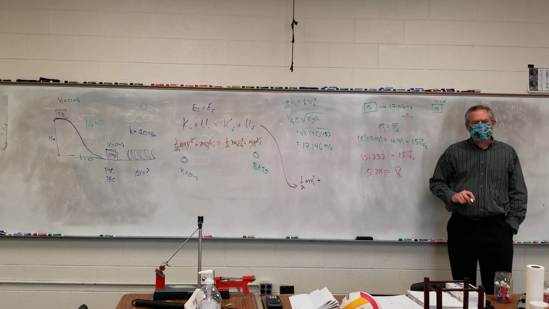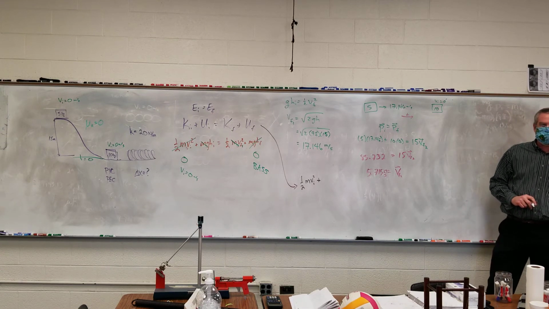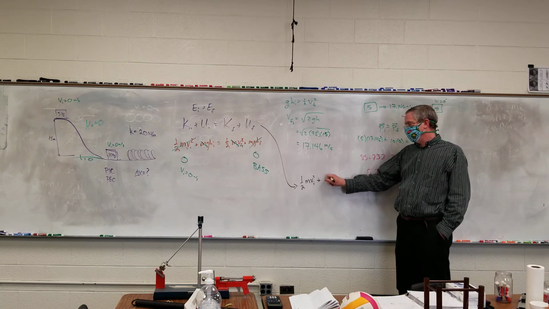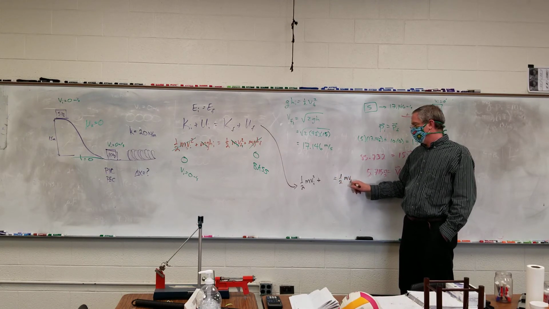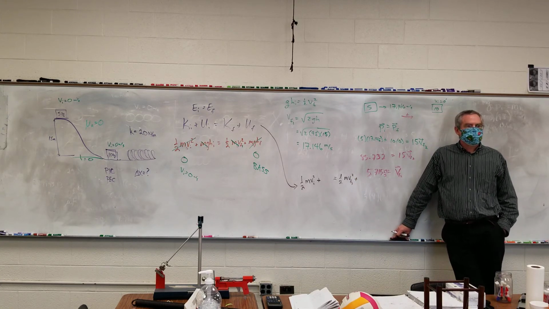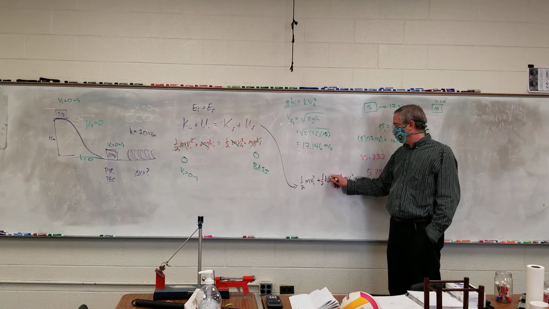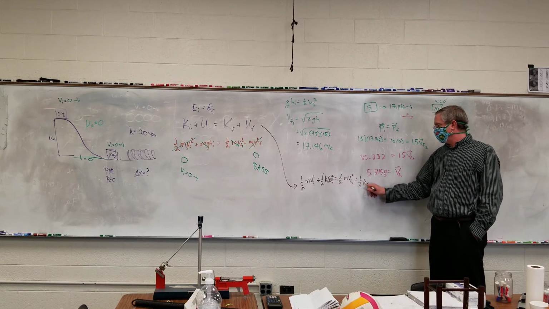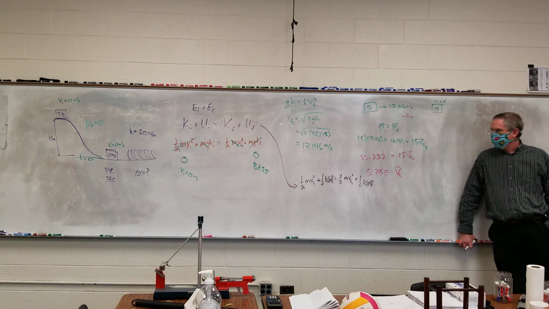All right, so now we're dealing with potential energy from a spring. What's the formula for the potential energy associated with an ideal spring? One-half k times delta x squared. Initial, 1/2 k times delta x final squared.